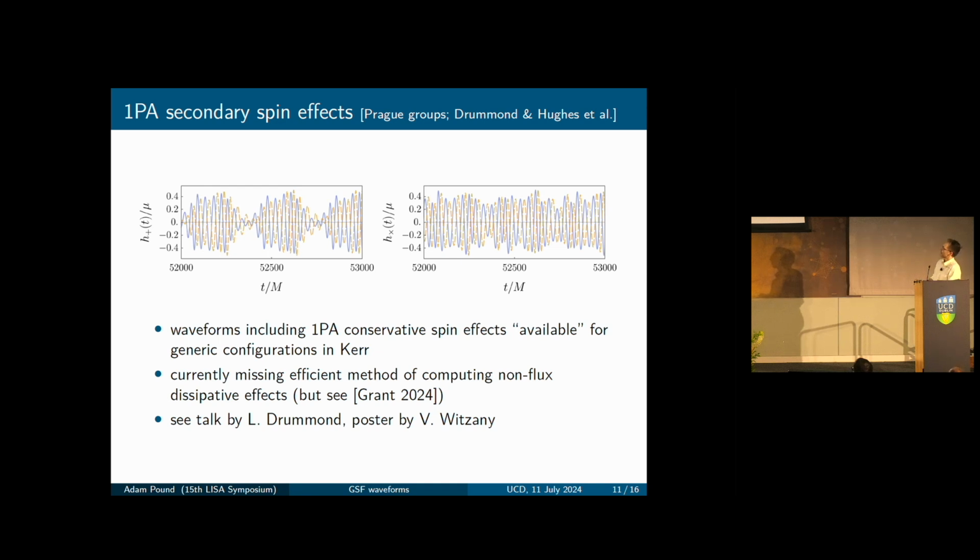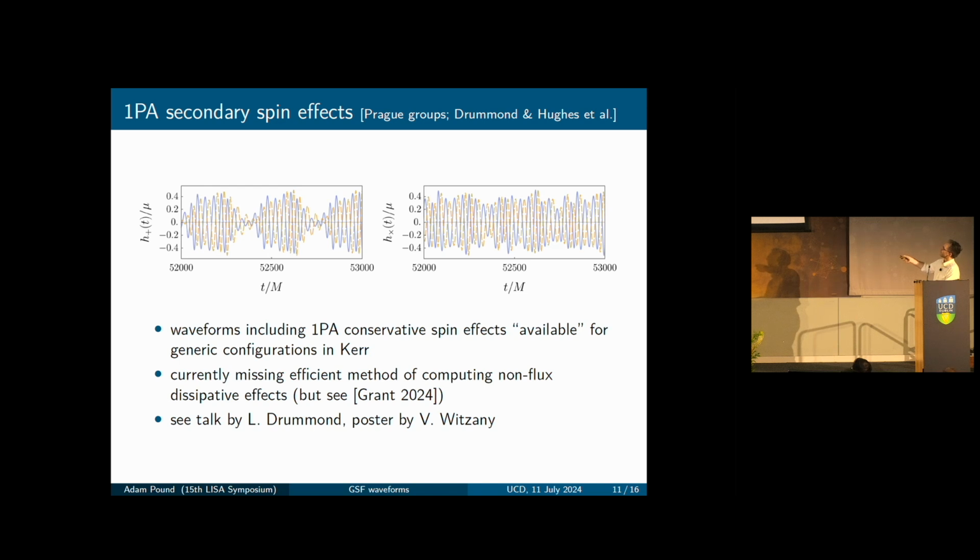Lots of people have been making progress towards including all the necessary 1 PA effects. So for example, secondary spin, a lot of work being done in the Prague groups, and Lisa Drummond and Scott Hughes at MIT. And so we do have some waveforms that look even more complicated. So I'll say they're roughly available. They're not actually available in Few, but again, that should happen fairly soon, hopefully.